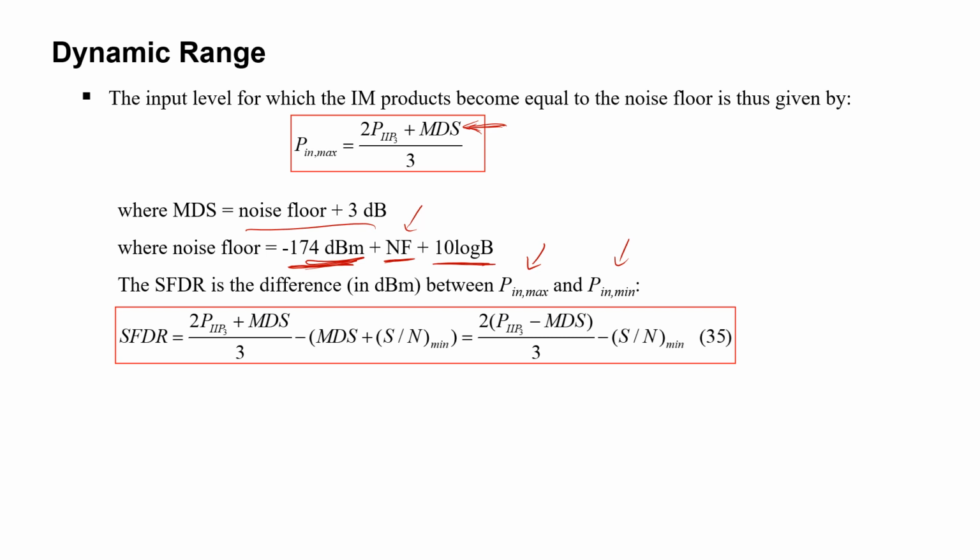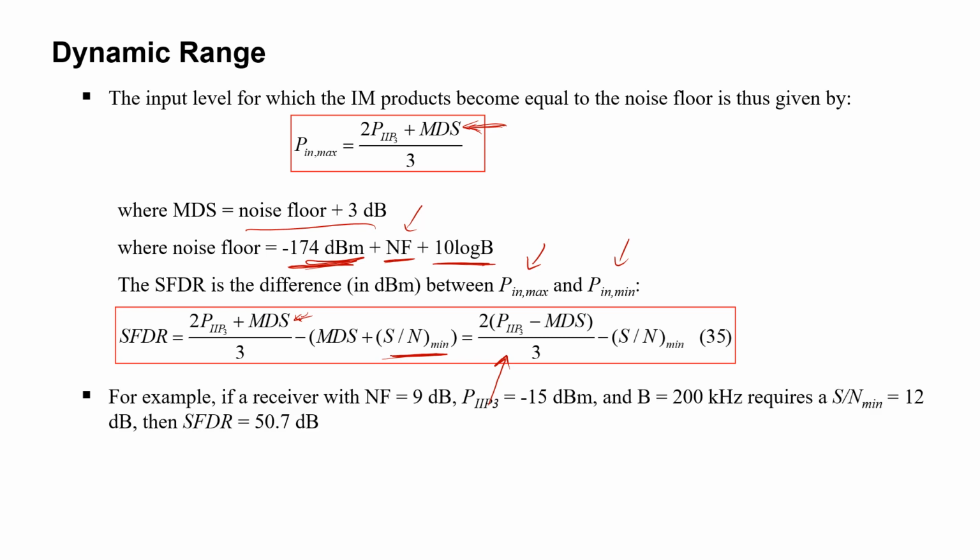So the spurious free dynamic range equals 2 PIIP3 plus MDS, divided by 3, minus MDS plus signal to noise ratio, that is the minimum signal to noise ratio at the output of the receiver, which will eventually give me this equation: 2 PIIP3 minus MDS, divided by 3, minus signal to noise ratio.